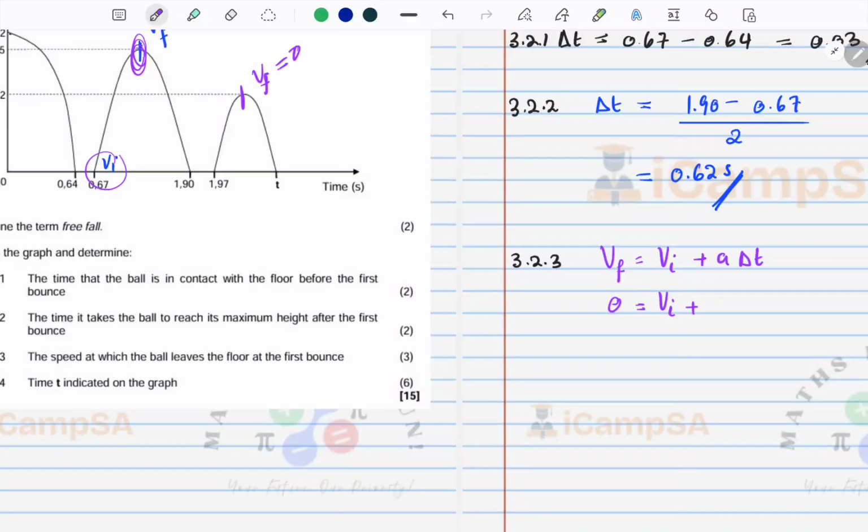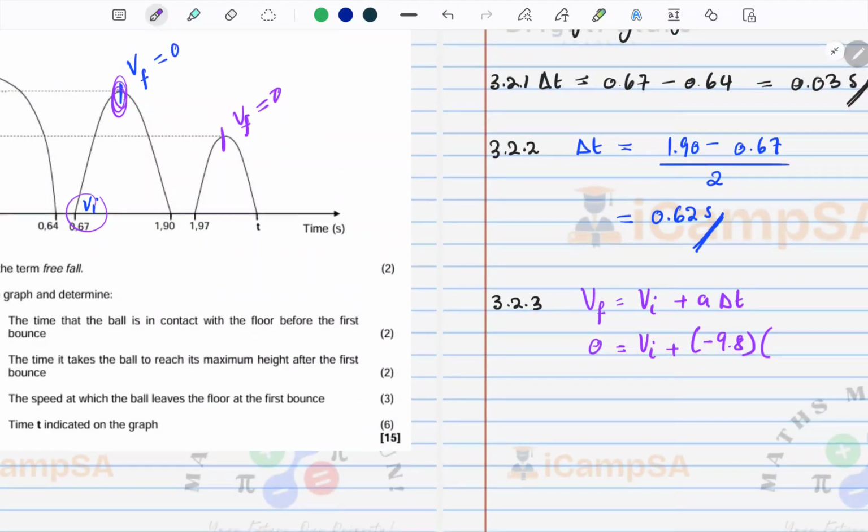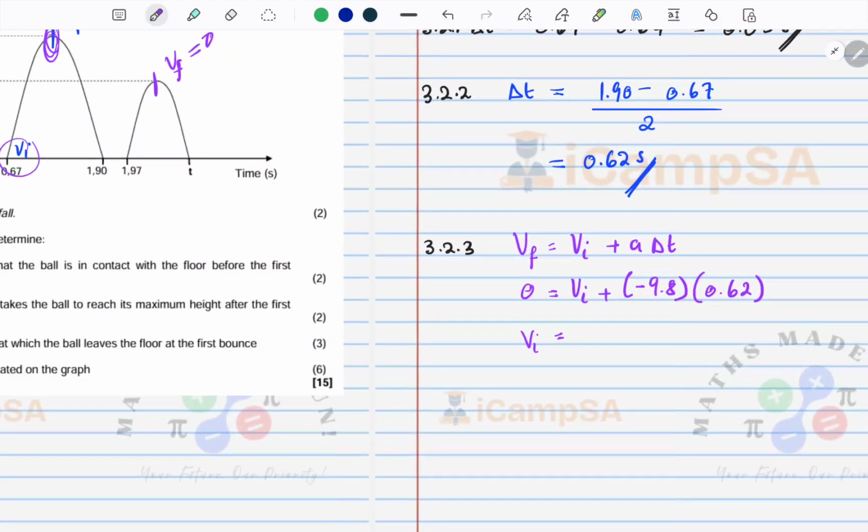And my a in this case is minus 9.8, because I'm choosing down to be negative, times my time, 0.62. So VI is going to be 0.076 meters per second, or you can round it off to 2 decimals, per second. This is your final answer.